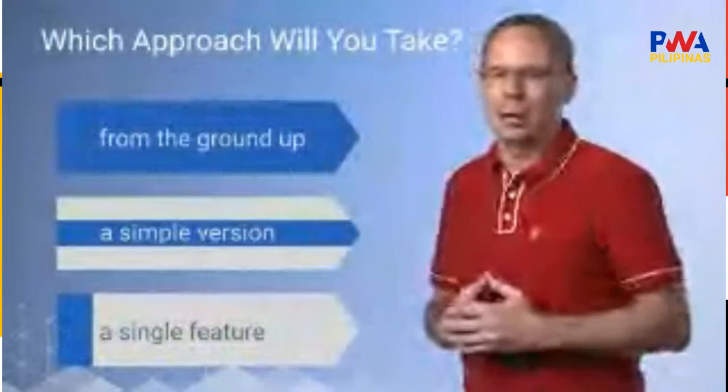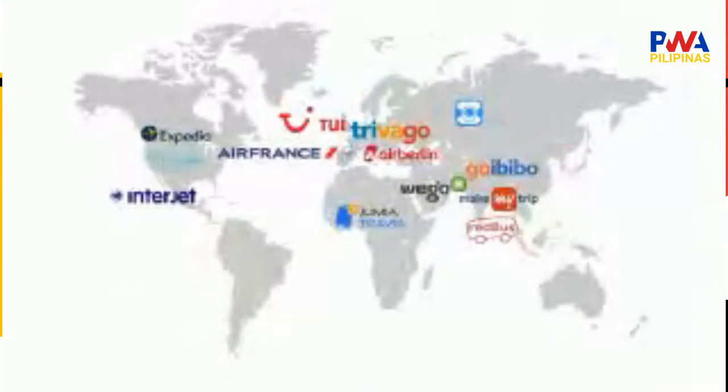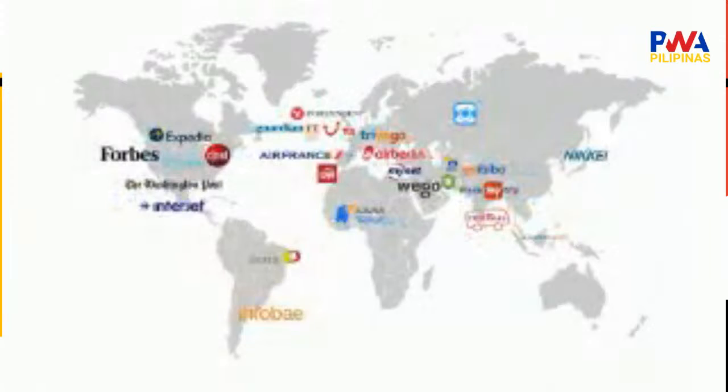Speaking of, we've been so excited to see the incredible momentum on progressive web apps around the world. Large companies such as Wigo, Expedia, and Trivago have all rolled out successful progressive web apps. Publishers like Infobay and Forbes have launched progressive web apps, and Forbes has seen a doubling of user engagement since their launch.